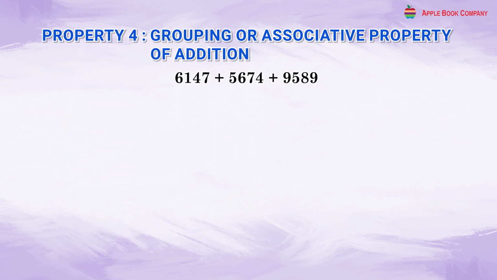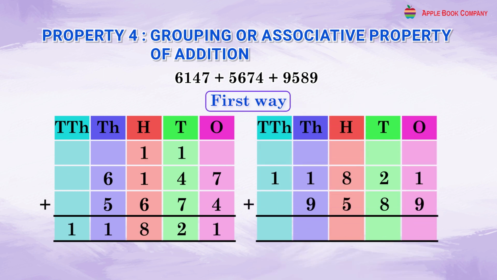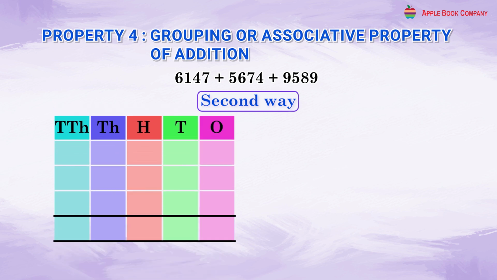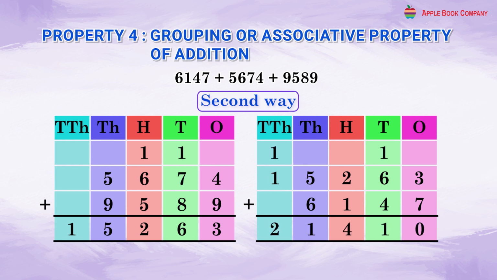Example: find 6147 plus 5674 plus 9589 by grouping the addends in 2 ways. In the first way, let's first find the addition of 6147 and 5674 and add the sum to 9589. The answer is 21410. In the second way, first find the addition of 5674 plus 9589 and to that sum add 6147, which is also 21410.